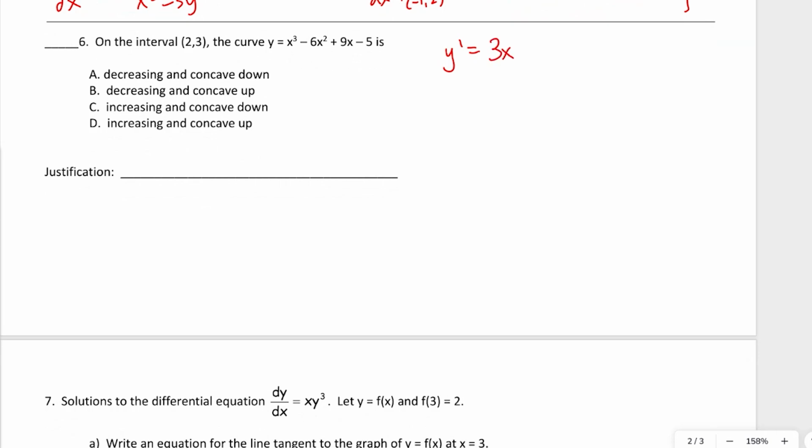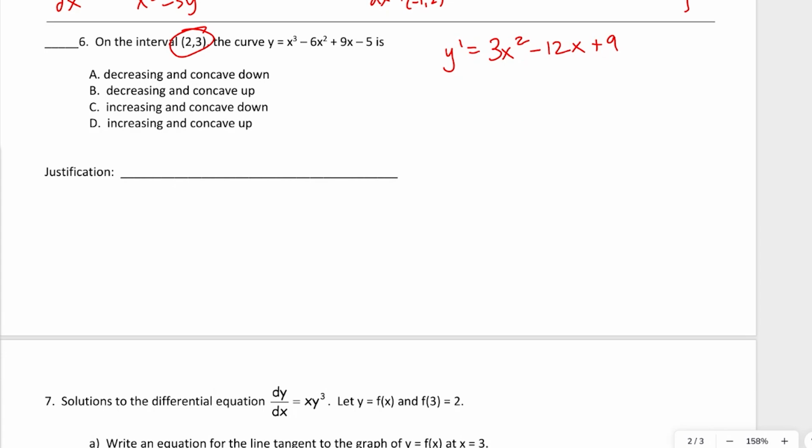The old stuff: 3x squared minus 12x plus 9. I'm just looking on this interval 2 to 3, so I'm assuming it's going to be the same throughout that interval. I'm going to pick a number between 2 and 3, like 2.5, plug that into x and find out if that first derivative is positive or negative.